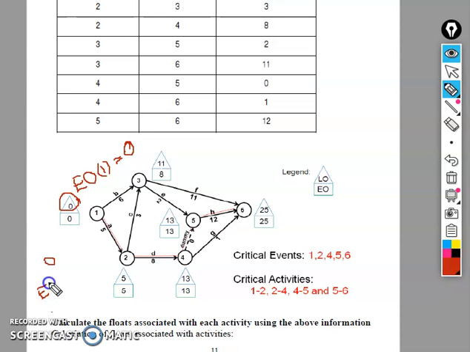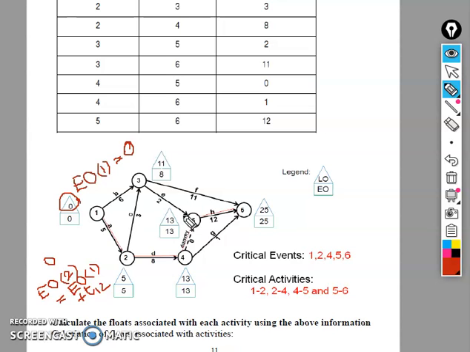We use this procedure: the earliest occurrence of 2 equals the earliest occurrence of 1 plus the duration of the activity, represented by T12.